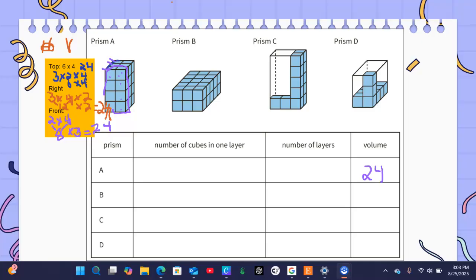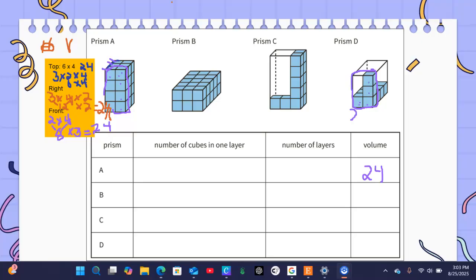This one's a little bit more challenging, so let's take a look at this. Let's talk about this area of the base. Let's just look at the front. Okay, what I can see is that there's 2 blocks on the bottom, and there's 3 at the top.